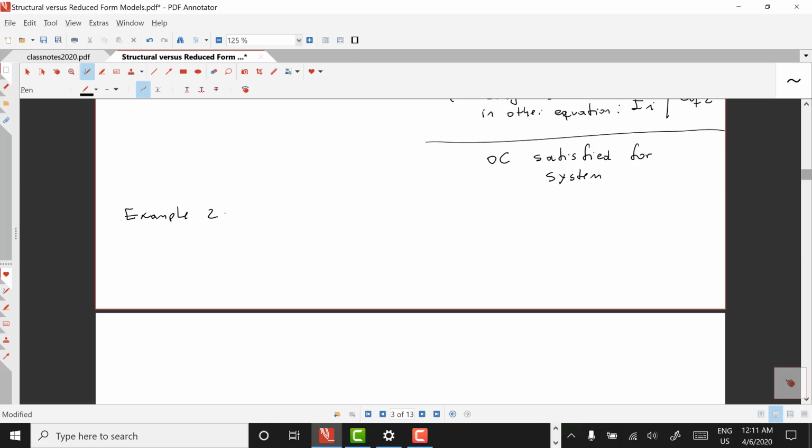Okay, so let me give you another example. Very fast. So now let's say that in the system that we're considering, we don't have another explanatory variable here for our demand equation. Beta 2 is I, that's ai2.